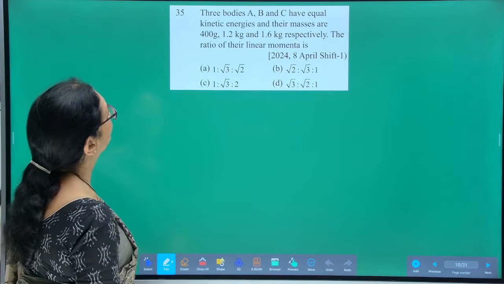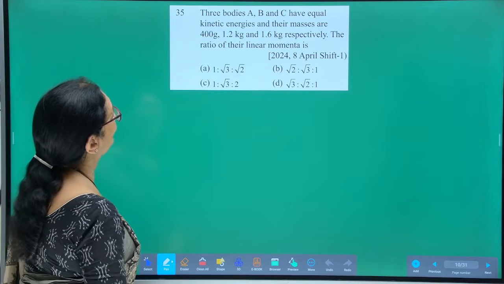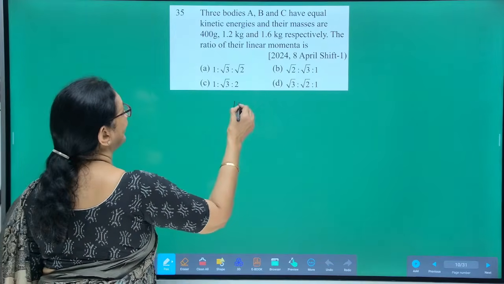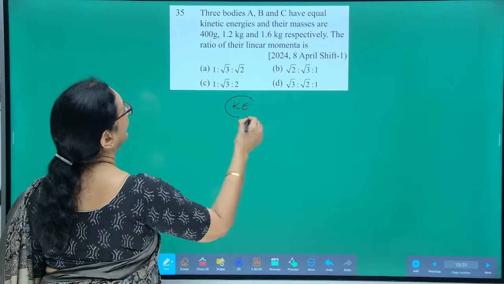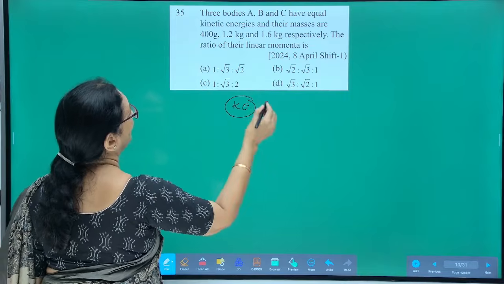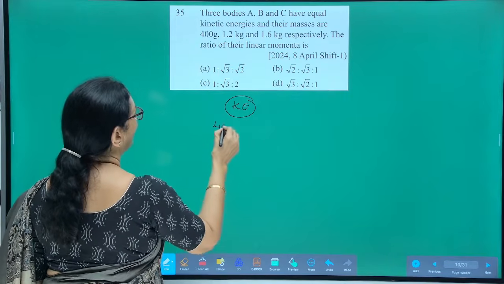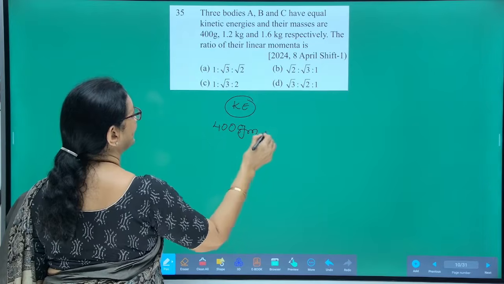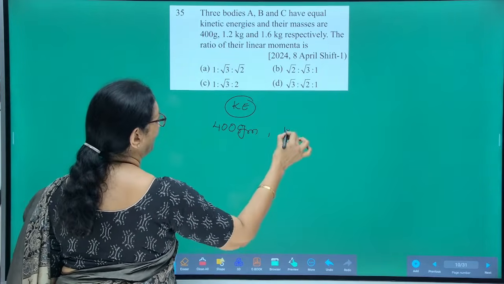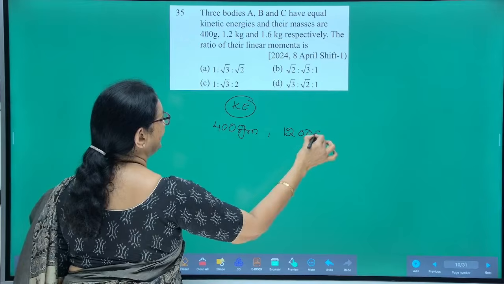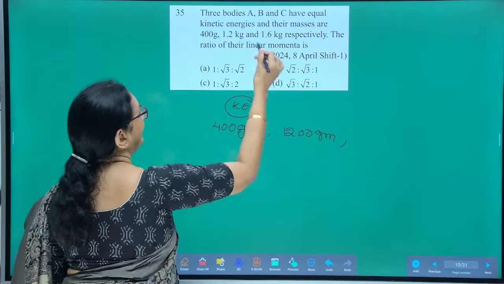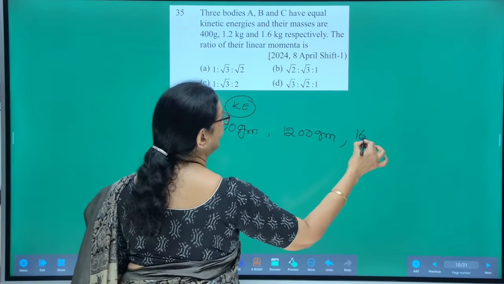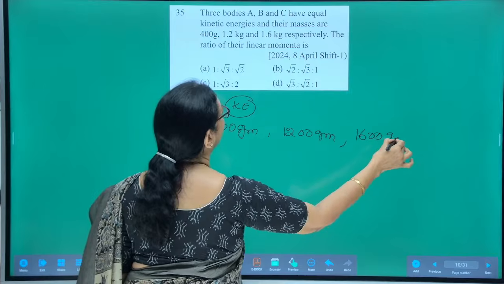Look here. 3 bodies A, B, C have equal kinetic energy. Their masses are 400 grams, 1.2 kg, that is 1200 grams, and 1.6 kg, let us take it as 1600 grams.